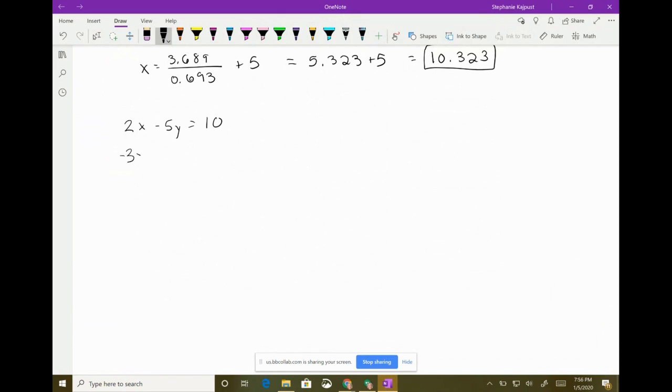And let's say negative 3x plus 6y equals 12. So I don't know. These could come out really gross. I really have no idea how this is going to solve.